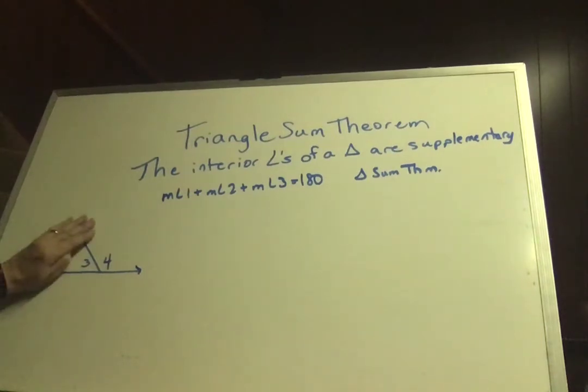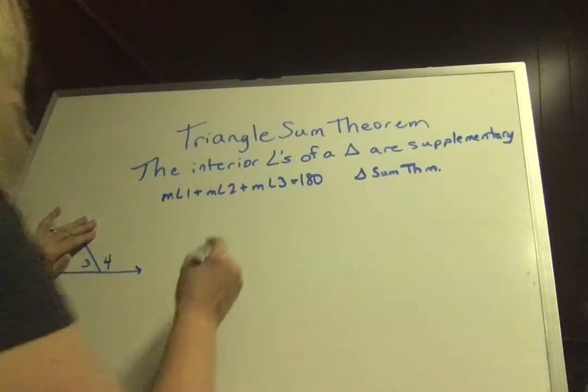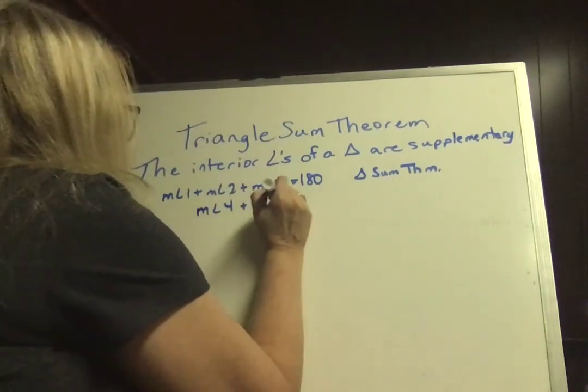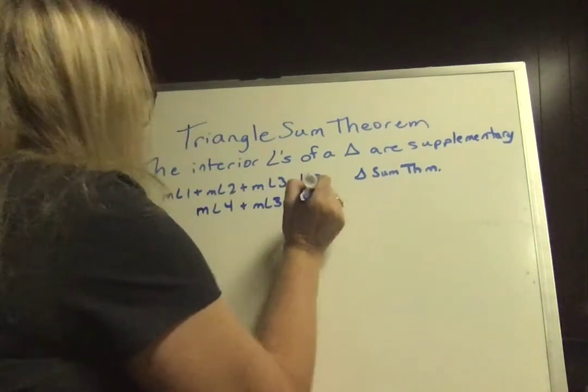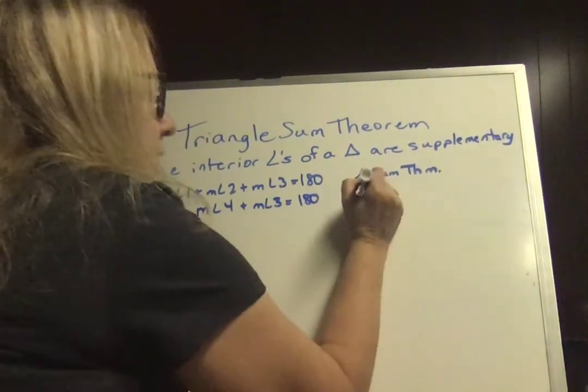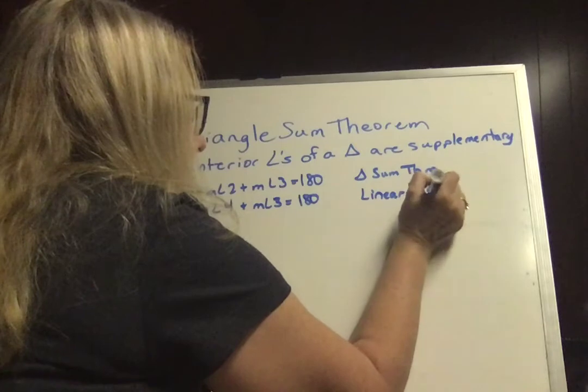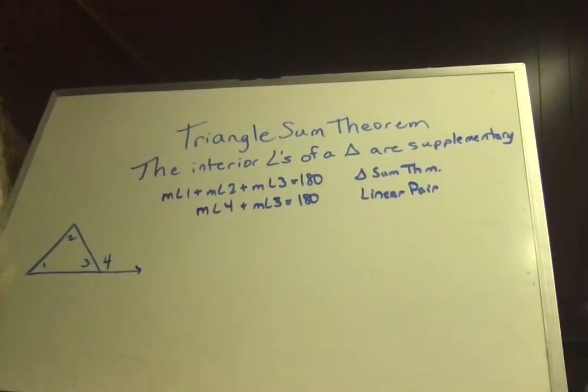Well, what do we know about measure of angle 4 plus measure of angle 3? Aren't those two sitting on a line? Measure of angle 4 plus measure of angle 3 also equals 180 because they're a linear pair. Not just because they're supplementary, but because they're called a linear pair.